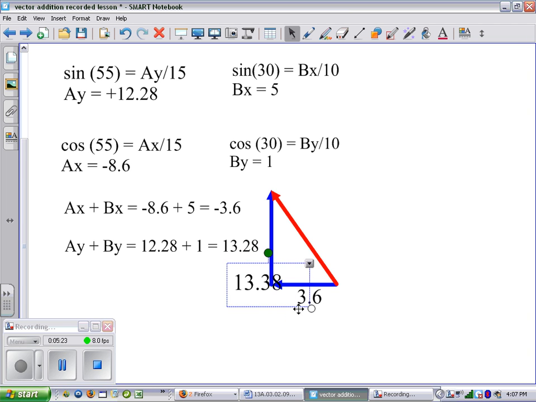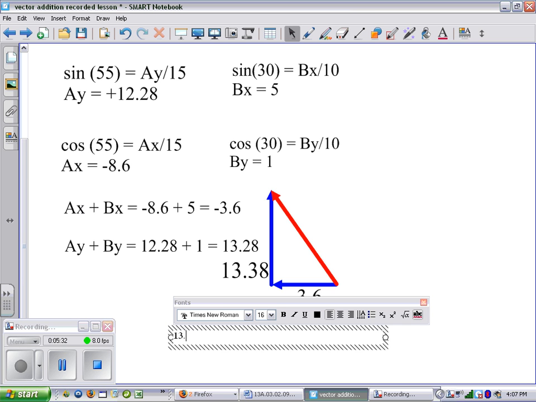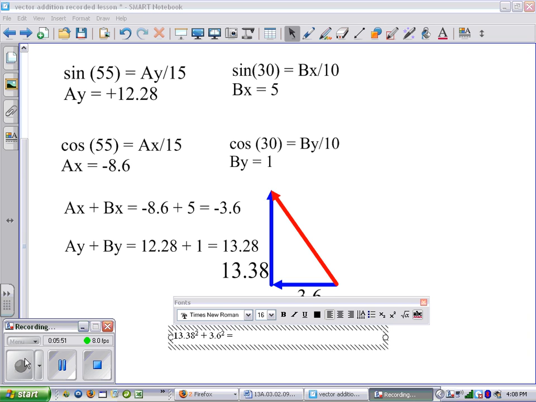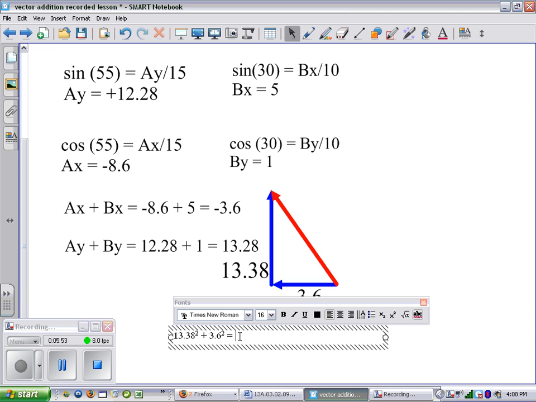So this side is 3.6, this side is 13.28, and to find the size of the resultant, I will use the Pythagorean theorem. So 13.28 squared plus 3.6 squared equals 192.